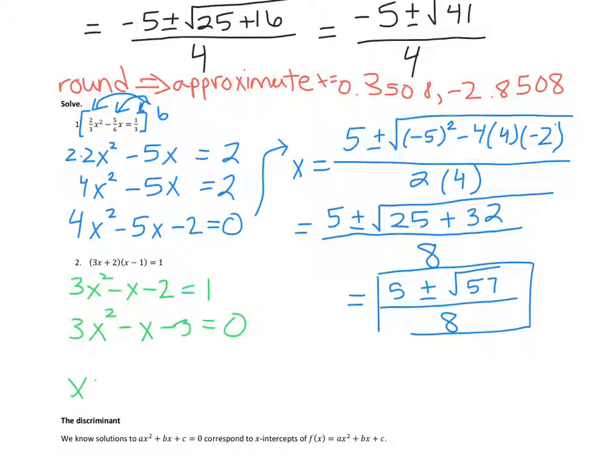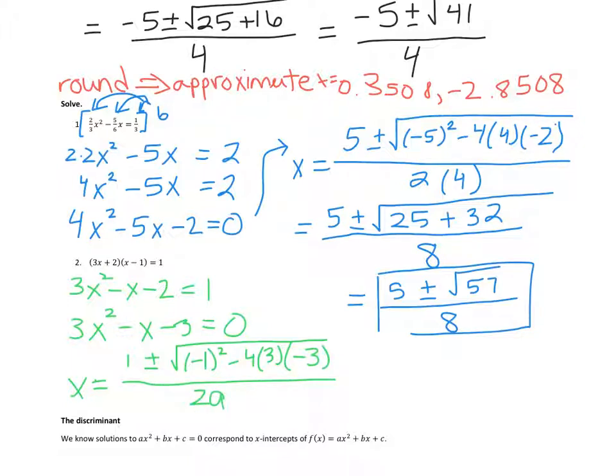So again, x is equal to the opposite of b plus or minus the square root of b squared minus 4ac, all over 2a. All right, so let's see what we have.